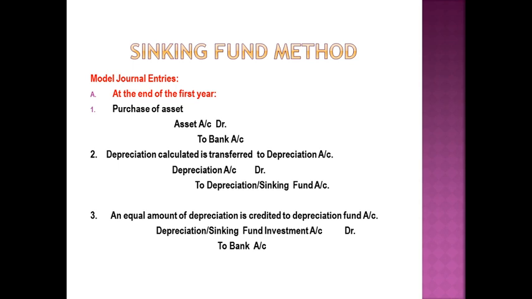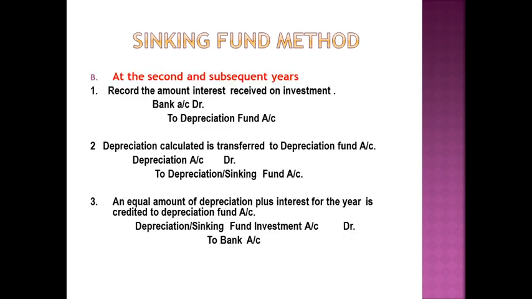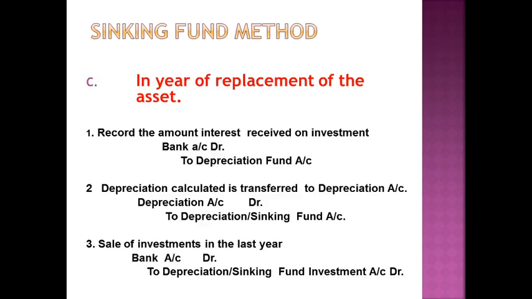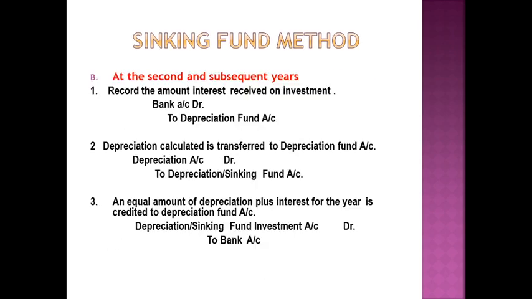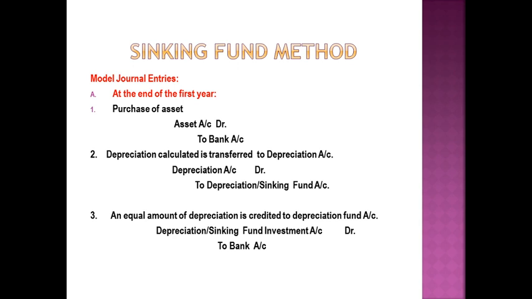They are classified into three categories: first, at the end of the first year; second, at the end of the second and subsequent years; and third, in the year of replacement.